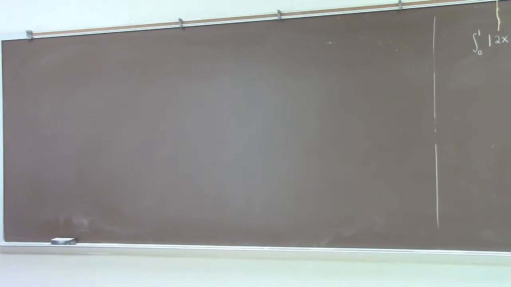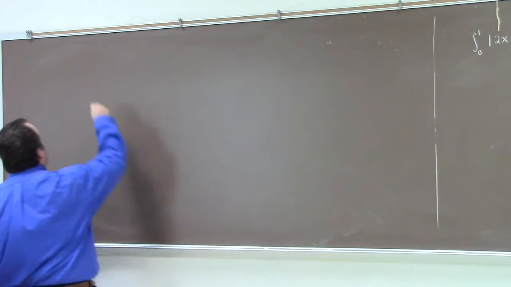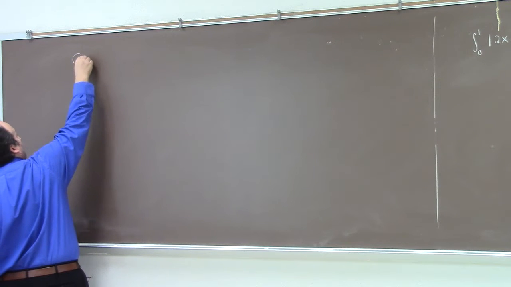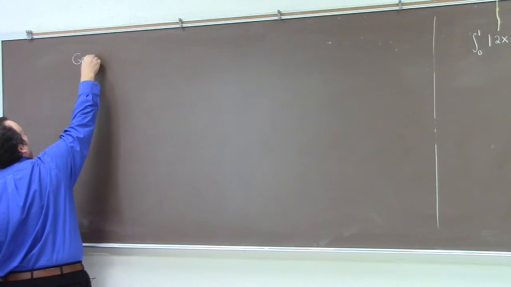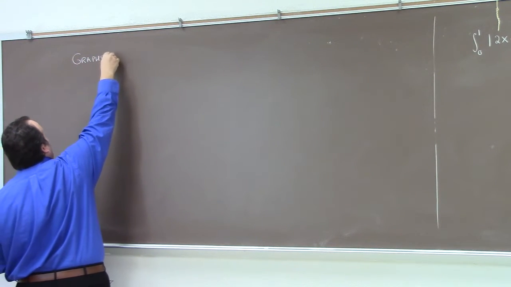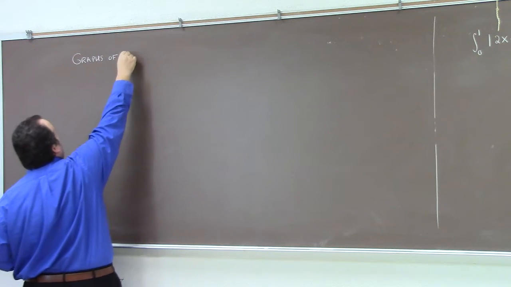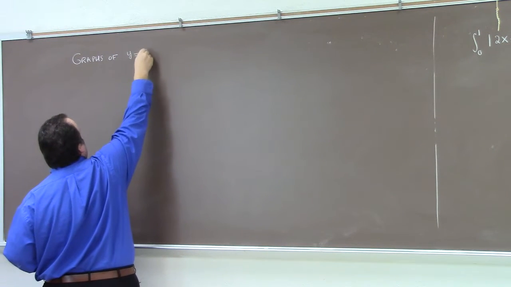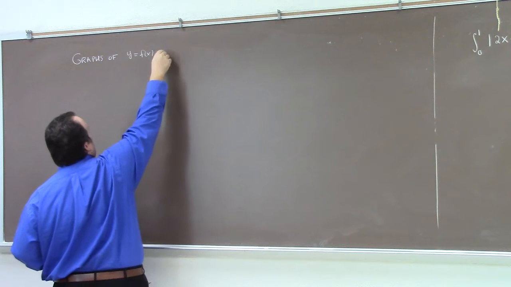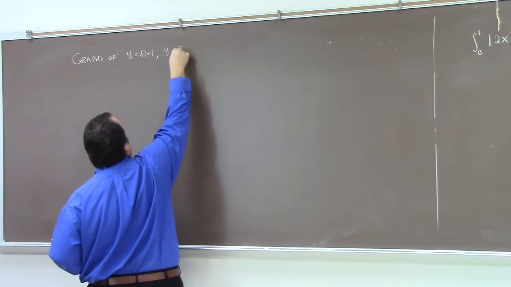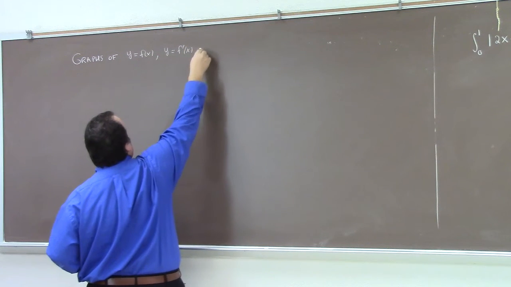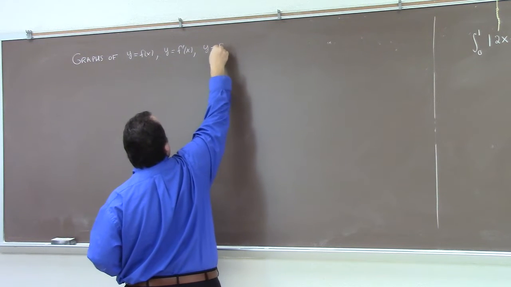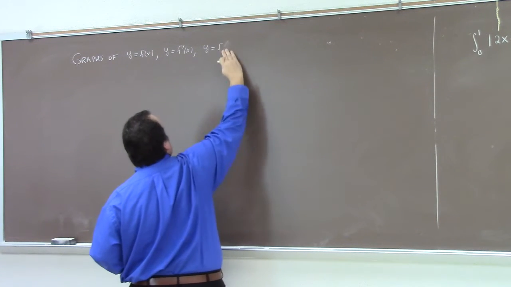But anyway, I want to talk to you a little bit about the graph of y equals f of x, y equals f prime of x, and y equals f prime prime of x.